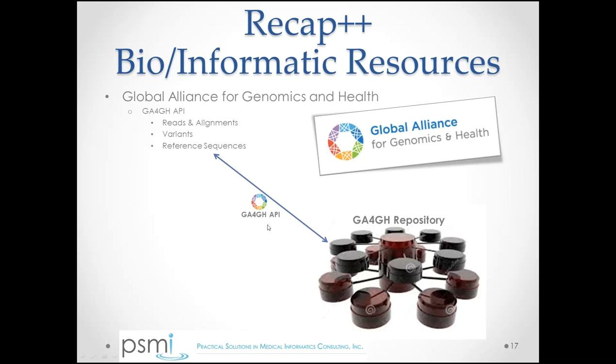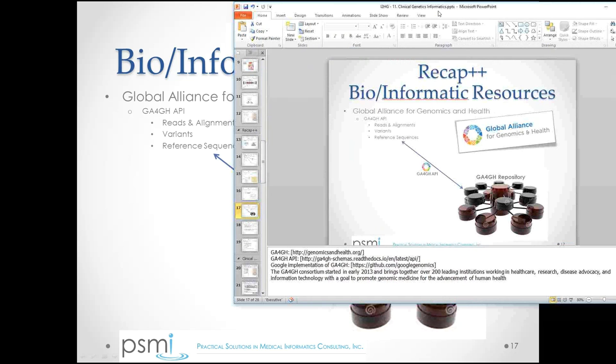And what's actually helped propel GA4GH into the limelight recently is Google's large-scale implementation of the GA4GH API in the cloud. And I included a reference to that in the slide deck, by the way, the Google implementation.